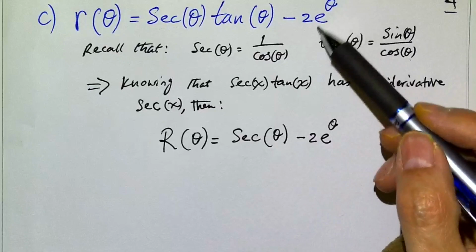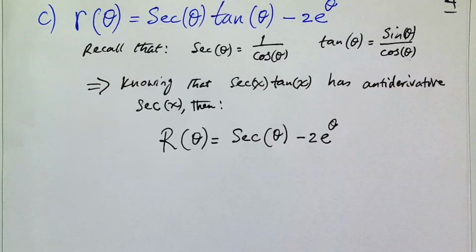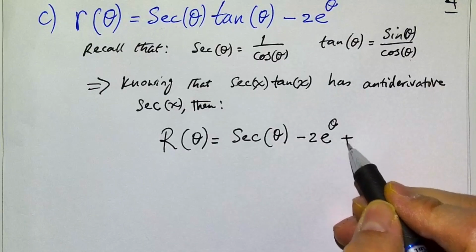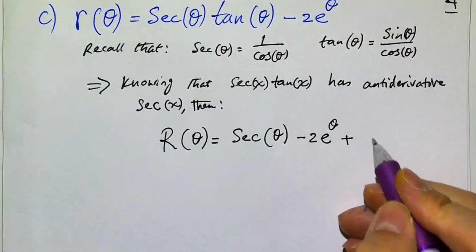The natural exponential function has an antiderivative which is equal to itself. And of course, plus the constant value, c.